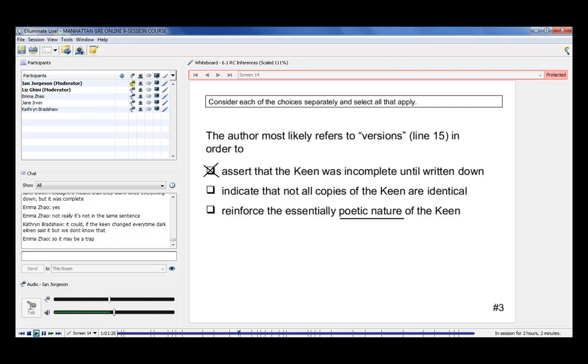But Catherine, I'd argue that's bringing in your own bias about something that changes is poetic. I mean, we'd have to even define what poetic means. So all we're left with is not all copies are identical. What does the word version in real life actually mean? If I say there are 6 versions of the Keen written down, what am I really saying?